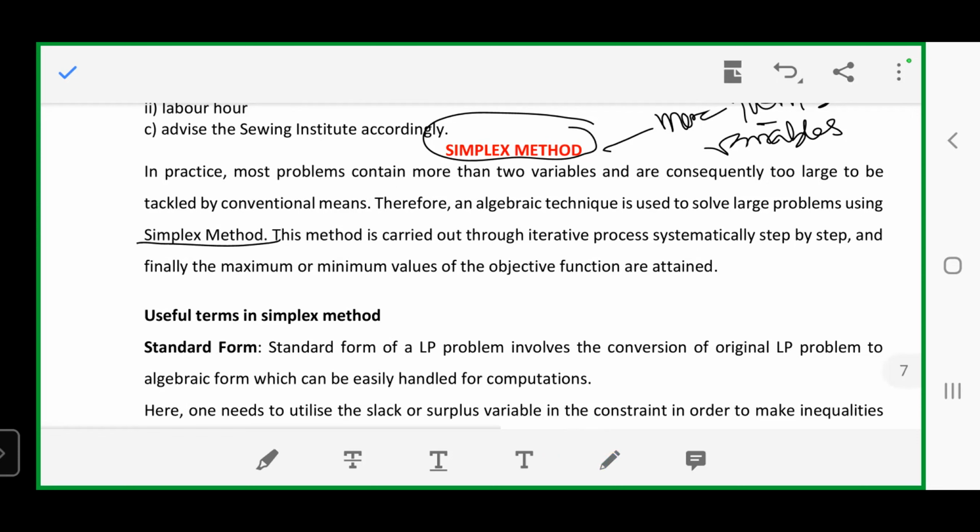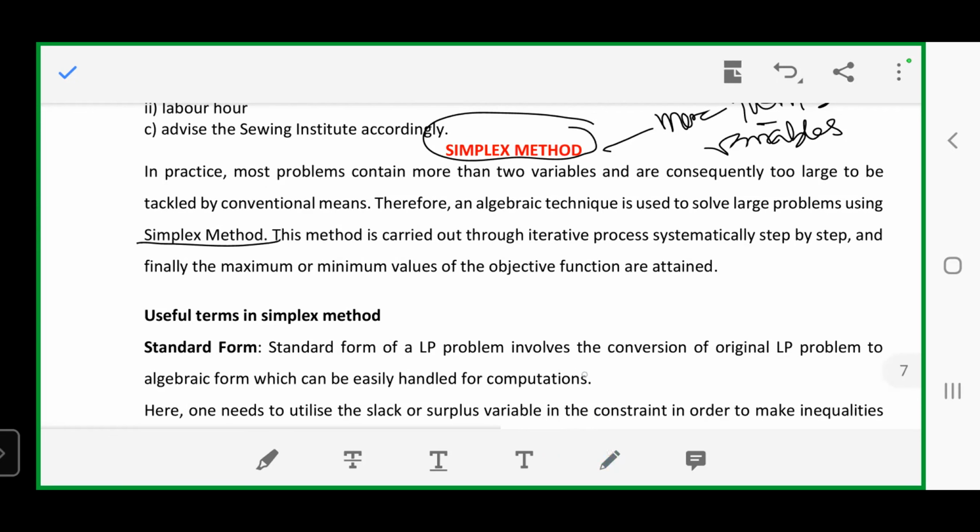And finally, the maximum or the minimum value of the objective function is obtained. The simplex method is not necessarily meant only for minimizing or maximizing. In fact, like I told us yesterday, you can still use graphical for minimization, and you can also use it for what? Maximization. Please take note of that.